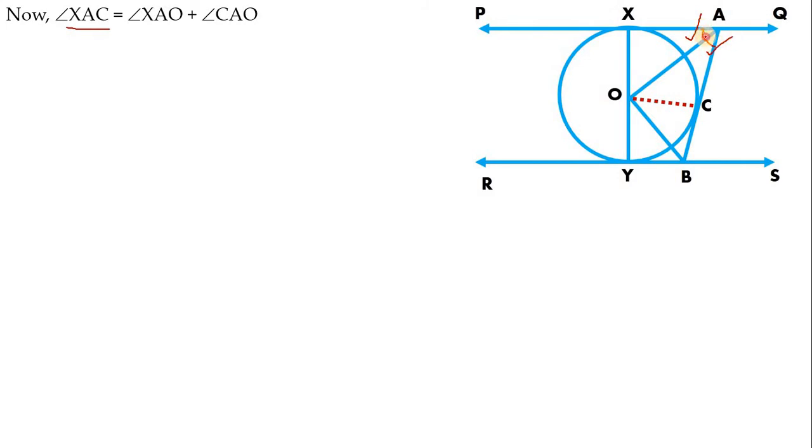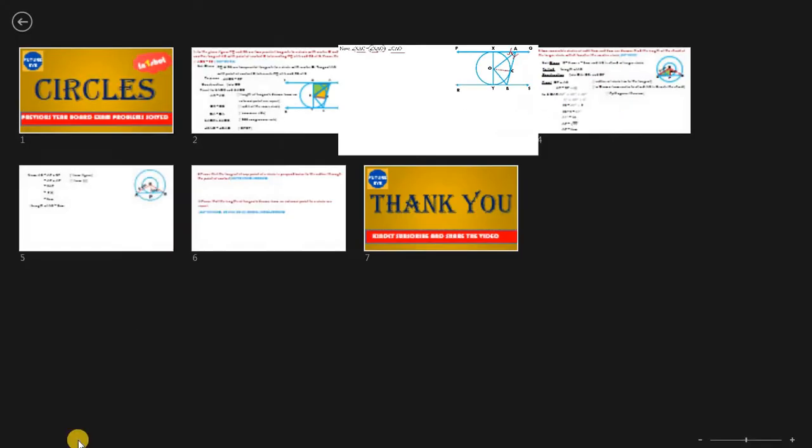This main angle I can split as the sum of these two angles. That is what I have done here. Next, in the place of XAO, I will substitute CAO itself, because just now in the earlier slide we have proved that angle XAO equals angle CAO.